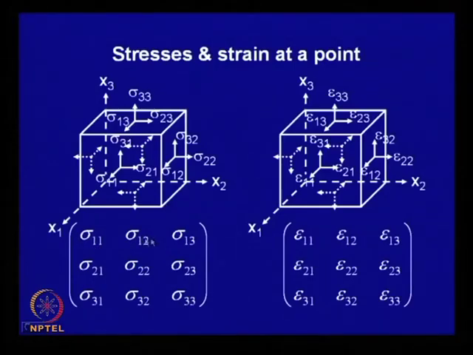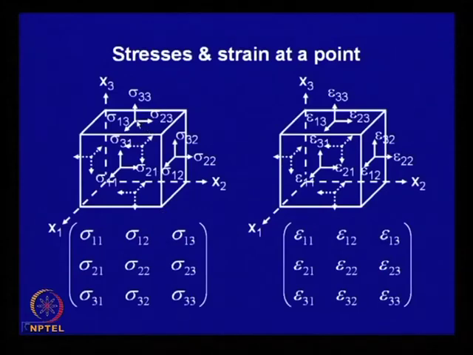sigma 1 1, sigma 1 2, a 3 by 3 matrix, and also you must remember that the state of stress should be such that there is a state of equilibrium. So, that means if there is a sigma 3 stress acting here on this plane, there should be a stress equal and opposite on the other side of this.